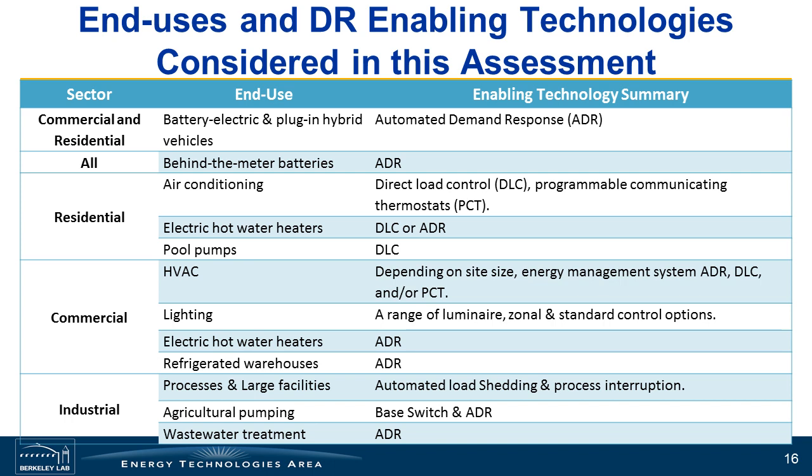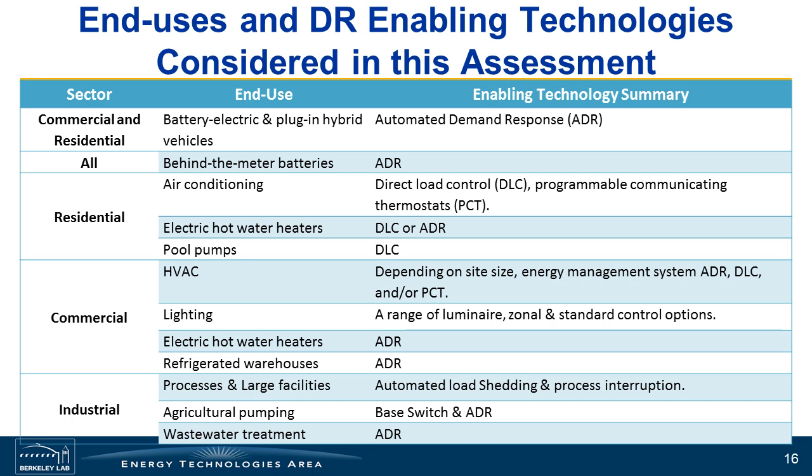In our analysis here, we took the study results from the demand response potential study for California, and we expanded those results to encompass a more national cost framework, as well as including some more applicable end uses in the analysis, such as hot water heaters.